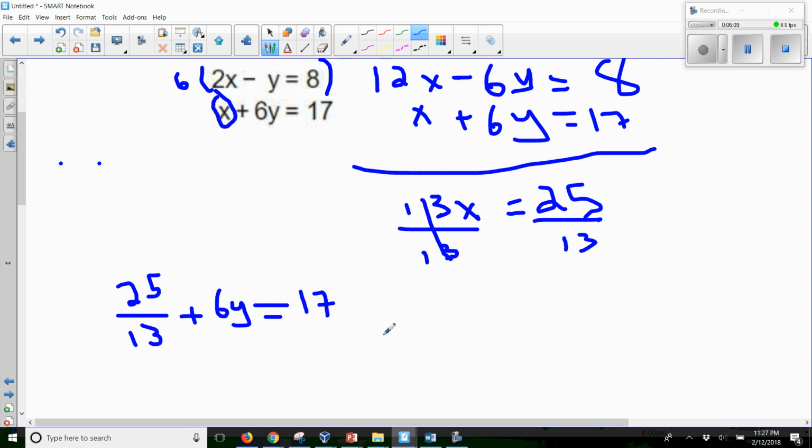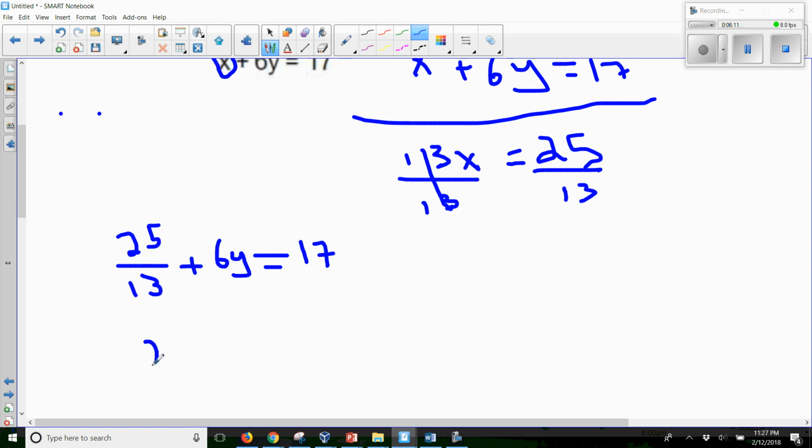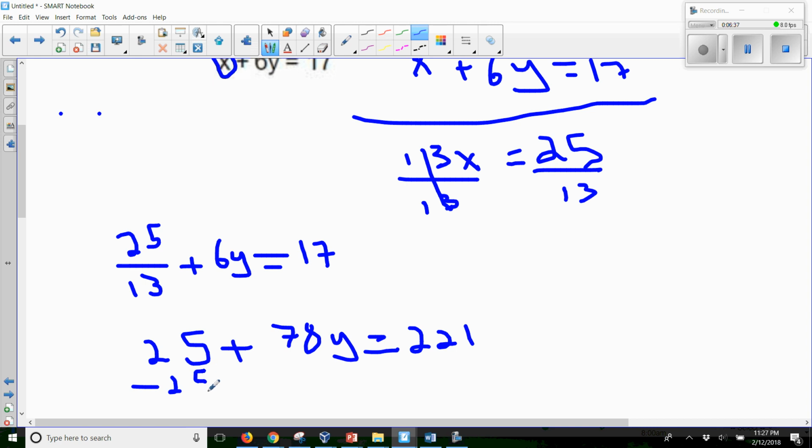I'm going to multiply everything through by 13. 6 times 13 is 78, and 17 times 13 is 221. Also subtract 25 from both sides.